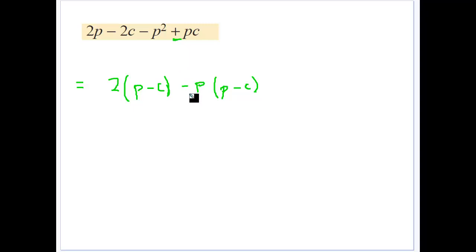So there's a little trick there. We've taken the minus p out because I had a minus there. You could have taken a positive p out, but that would have left me minus p plus c in that one, and I wouldn't be able to factorize nicely, because now I've got the p minus c there. So that's what you've got to be careful with when you're factorizing negatives out and what you would get in your bracket. So minus p out there, it's got to be a minus c there. And it just works out nicely.